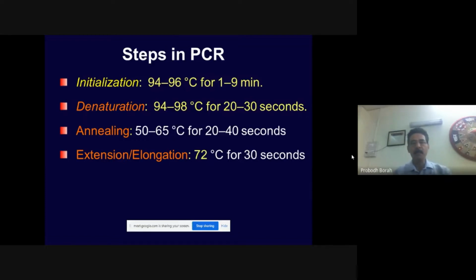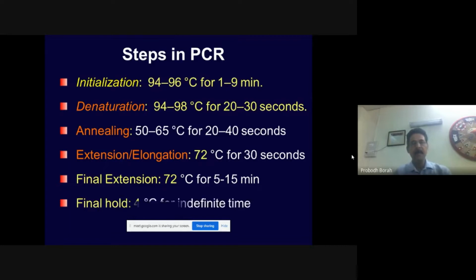After we complete all the desired cycles of the three-step reactions, we keep the reaction mixture for another period of 5 to 15 minutes at 72 degrees Celsius for final extension. And then we allow it to be held at 4 degrees Celsius until we take out the PCR product from the PCR machine. So this is a common program for doing a PCR reaction utilizing a thermal cycler.